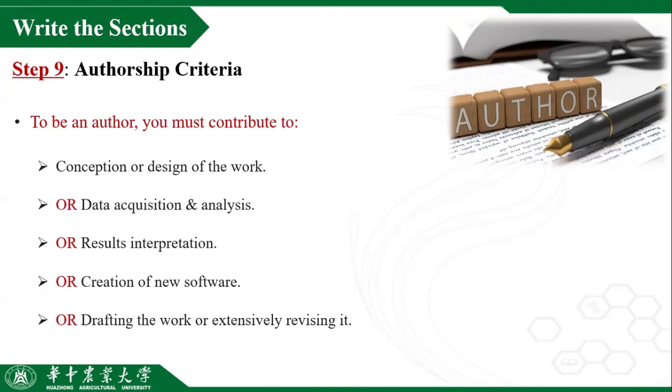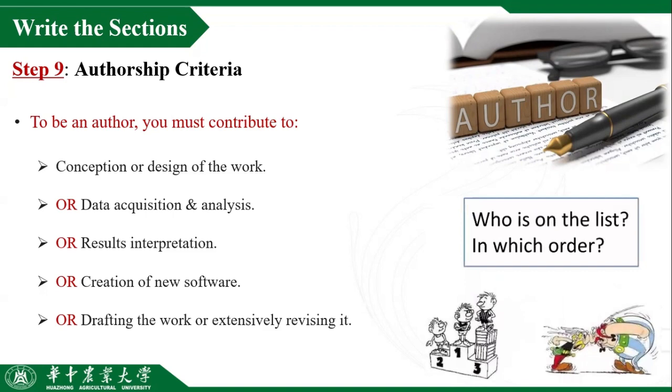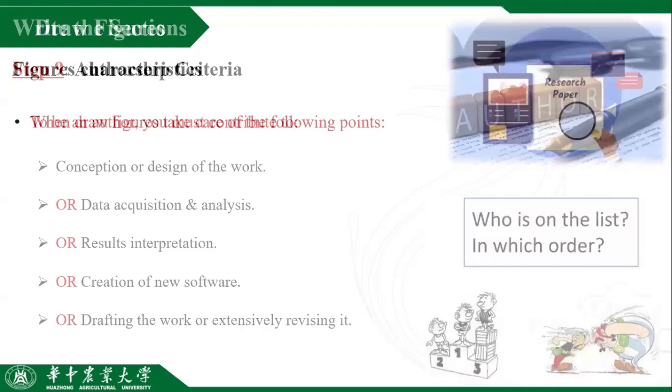But if you really did a great job on this paper and you have extensive work to be included as an author, you have to claim and ask your supervisor to include your name. But if you think that you didn't do even one of these, maybe an acknowledgement is enough for you.